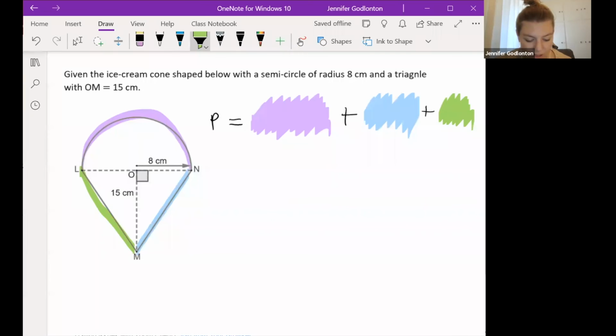Just one step at a time. Yeah, good. Your diameter is definitely 16. Okay, so Tembeliche, it might be because you weren't here when we did Pythagoras, but in order to find MN, we need to use the Pythagoras theorem.